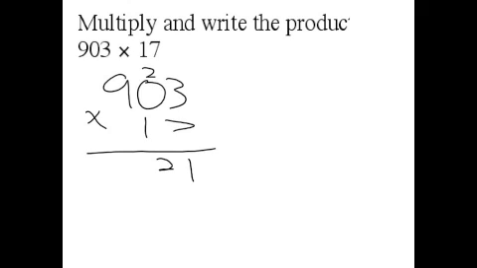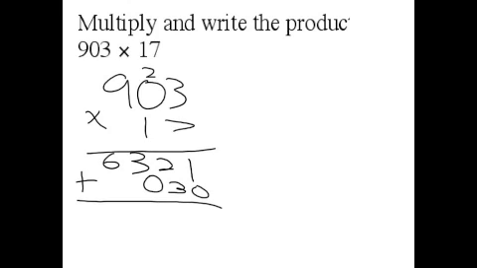So we put 63 down. Then we put a 0 down below the 1. 1 times 3 equals 3. So we put the 3 down by the 0. Then we did 1 times 0 equals 0. So we put the 0 by the 3. Then we did 9 times 1 equals 9. So we put the 9 by the 0. We added both of the numbers. We came up with 15,351.